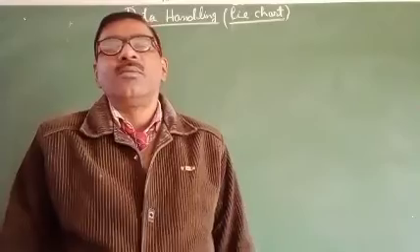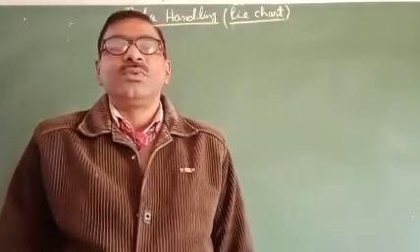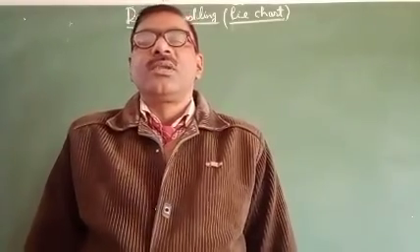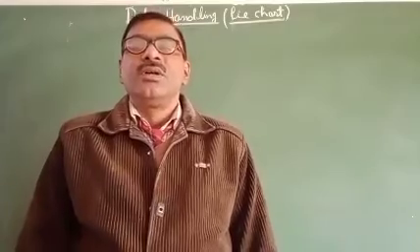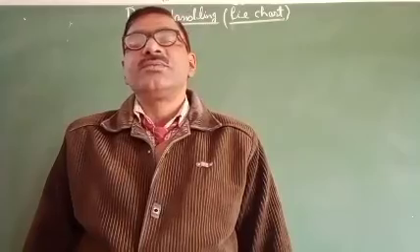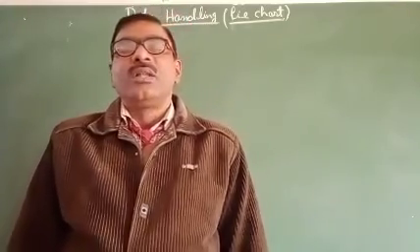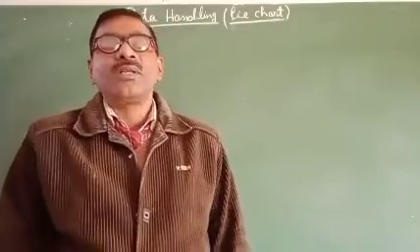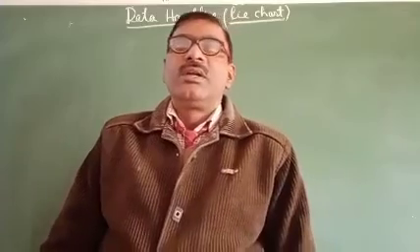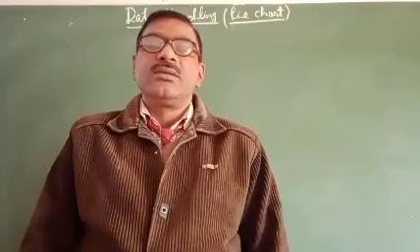What is a pie chart? A pie chart is a circle graph, a circle divided into sectors, and each sector represents the related information of the given data. Now, first of all, I will take data and make a pie chart.